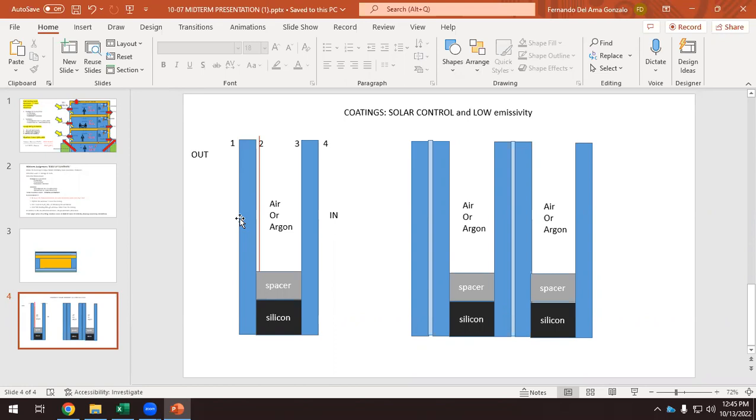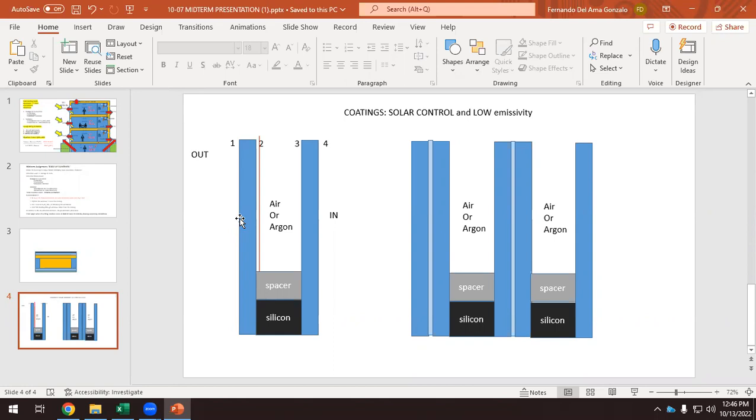New Hampshire is an excellent example. What do we need? In winter, we want the heat to stay in the building, so we need a low emissivity coating. Do we have trouble in summer in New Hampshire? No. So we don't need a solar control coating outside. In this building, we have this nice curtain wall on the south.